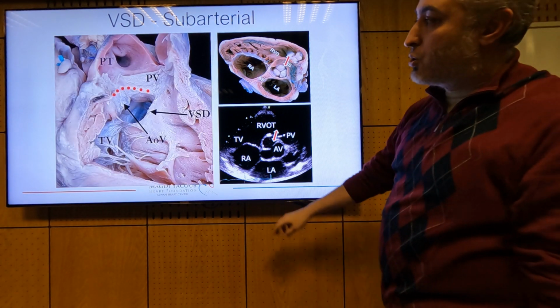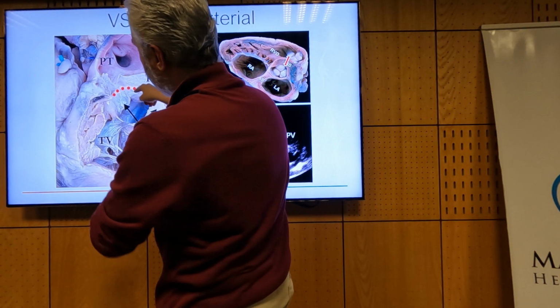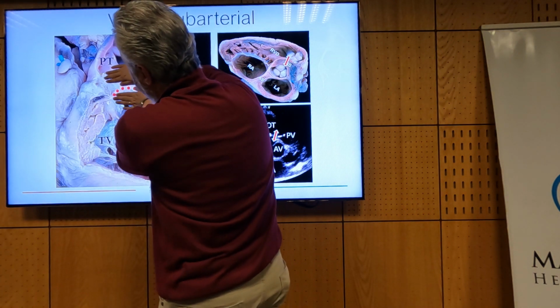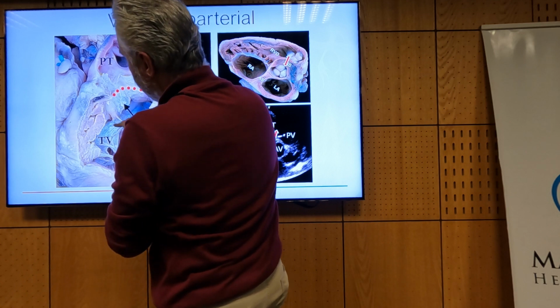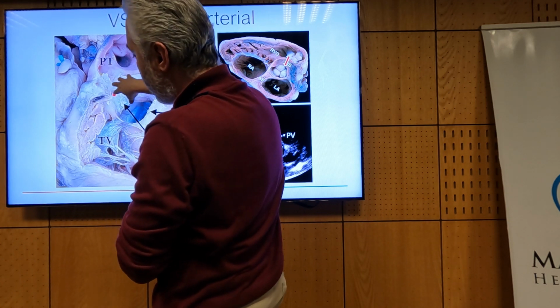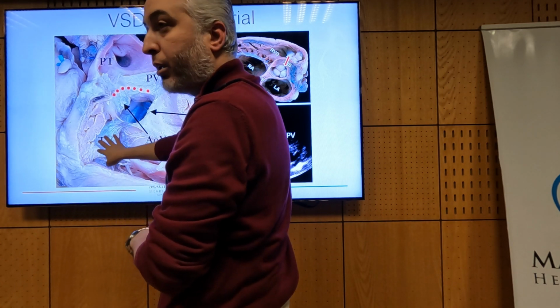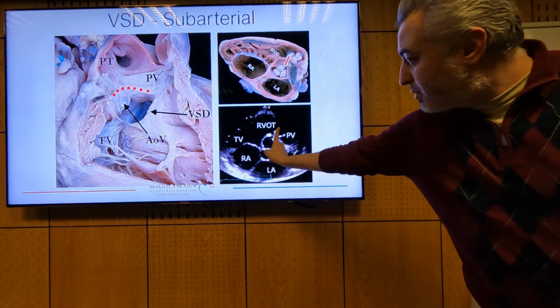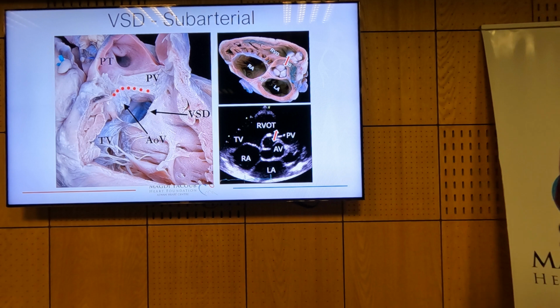This one. So now part of the edge of the defect is formed between the aortic annulus and pulmonary annulus. So this is the pulmonary valve, this is the aortic valve. Here is the defect, and this is a subarterial VSD. The tricuspid valve is still low down. Yeah? So you'd find it that way.